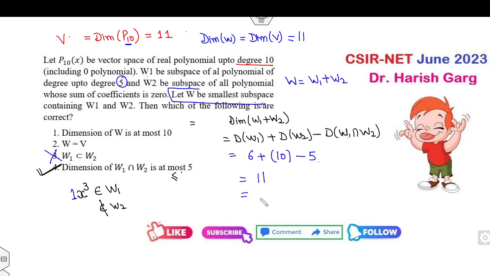So which is same as dimension of the V. So yes, they are same. Dimension of W is at most 10. This is less than equal to 10, but we have obtained the 11. So that option is cancelled. B and D are the right answer of the problem.